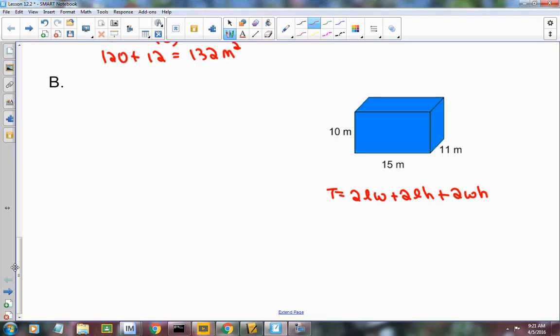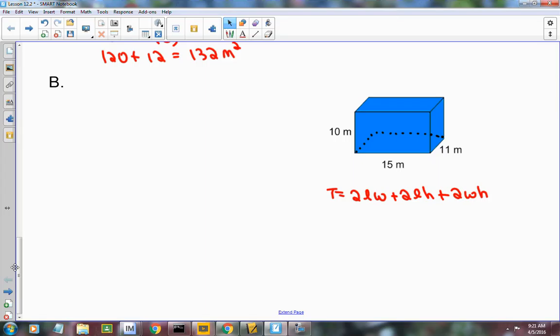Okay, now again, one of the more important things for you to identify is what the base is. In a rectangular prism, some of you like to use what's facing you as the base. I like to use what it's actually sitting on. Okay, and so the base that it's actually sitting on is this 15 by 11 base.